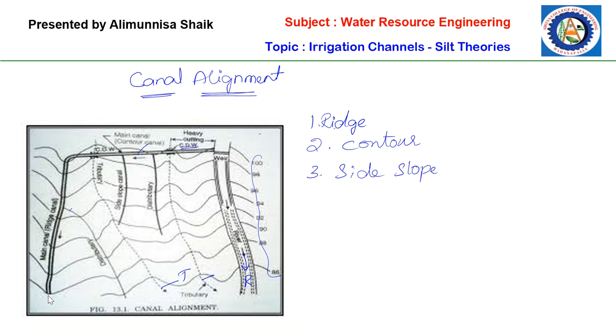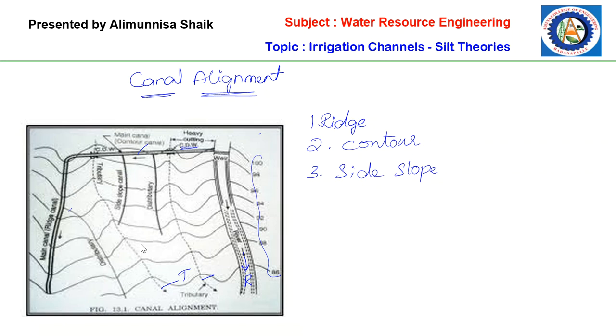By passing water through this canal we will be supplying water to the fields, and the region where we cultivate the entire land is called your irrigated land. This is how we are going to set it up.